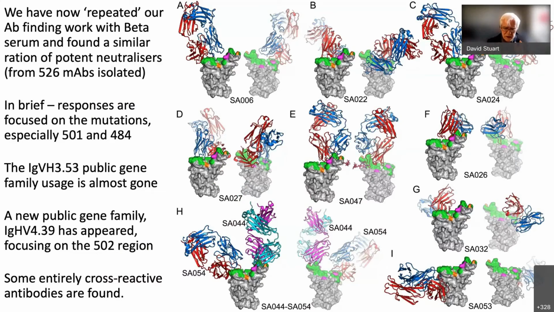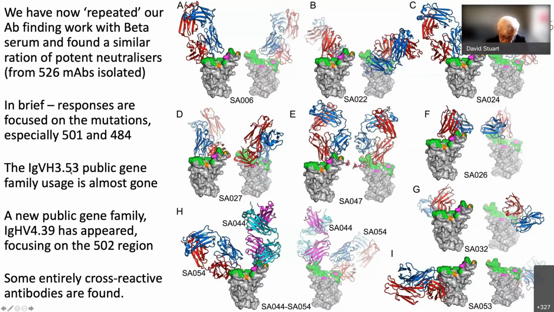And in general, the number of potent neutralizers is very similar to the pre-pandemic response to the pre-pandemic virus, but the focusing of the responses again in response to beta infection is marked. There is a strong focusing, especially on antibodies that bind in the 501 region and the 484. So the responses are particularly focused on the regions of the mutations. We don't know the reason for that.